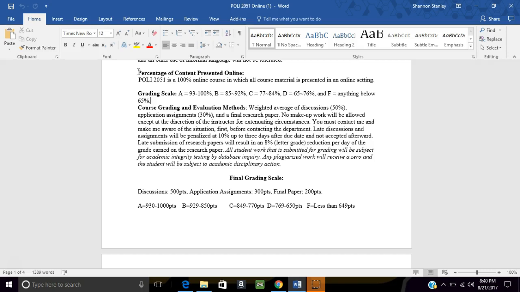You will be graded on a couple different things: your discussions, your application assignments, and in the case that there is a final research paper, which there will not be a final research paper for this class particularly.